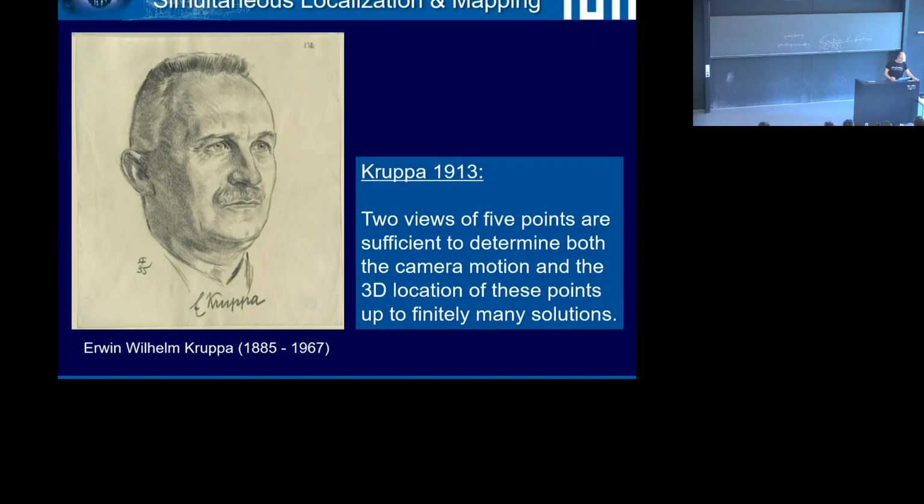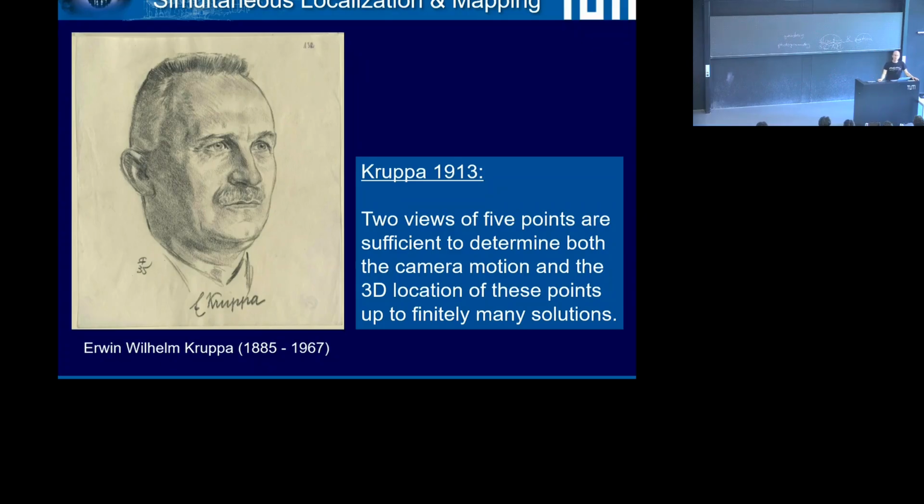And so here's one of these pioneering results from, as you can see, 1913. So that's over 100 years ago. This is an Austrian mathematician by the name of Erwin Kruppa. He and others in his time showed results like this one. In fact, talking about keeping track of history, you Google someone and you don't find a picture of them.